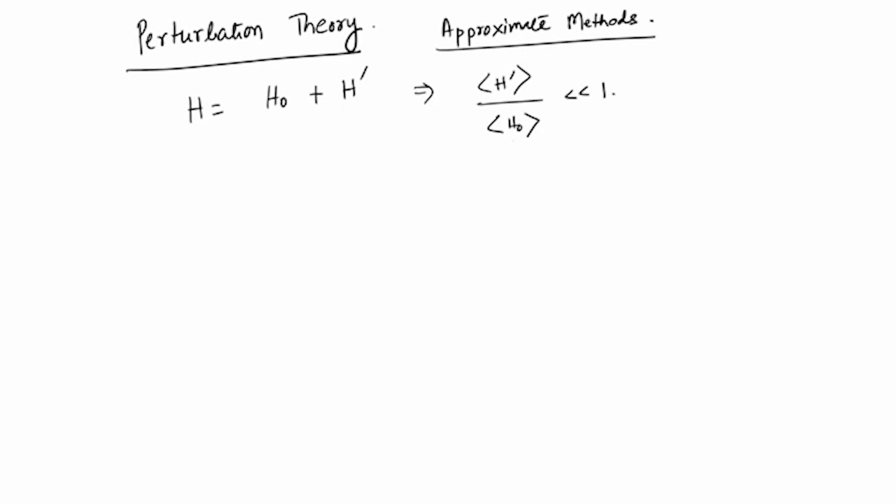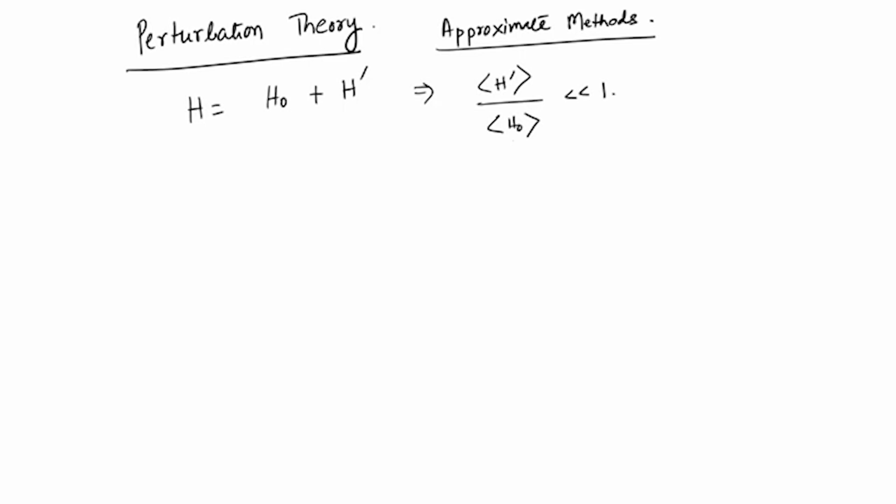And the answer is that we are still using the eigenfunctions of the unperturbed problem, that is those of H 0, and the reason that they work is that this perturbation does not take you far away from the unperturbed problem. If it does, then of course, perturbation theory will not work and the approximation methods that we are talking about will not work. But it works in most of the cases where the strength of the perturbation is small.